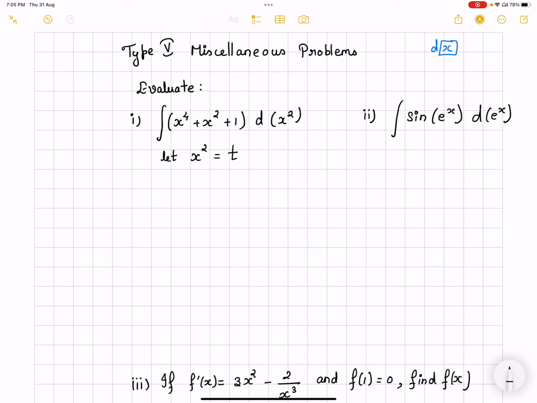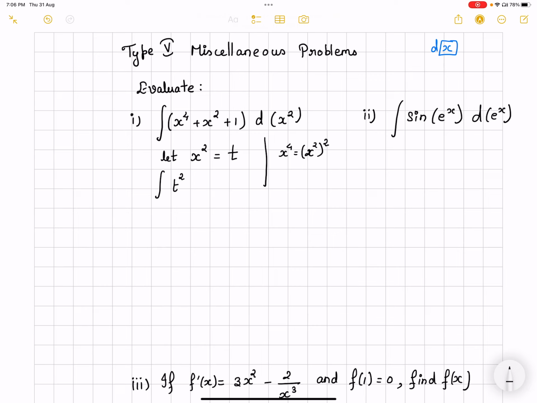In that case, what happens? My entire problem would be getting changed now. So here, this x power 4 is there. When I'm assuming x square is equal to t, x power 4 means it is x square the whole square, and then we have x square, which is going to be t.